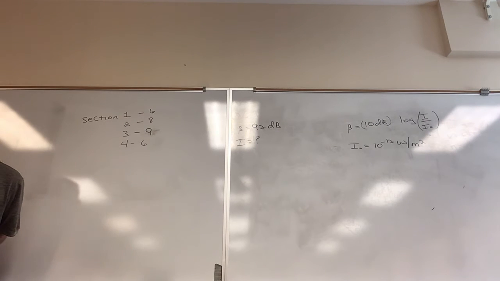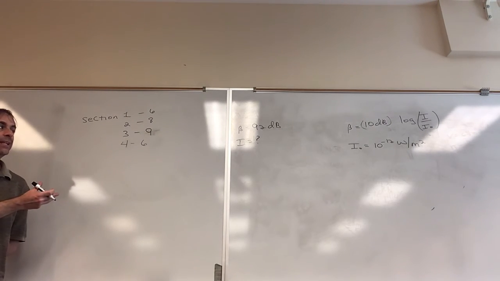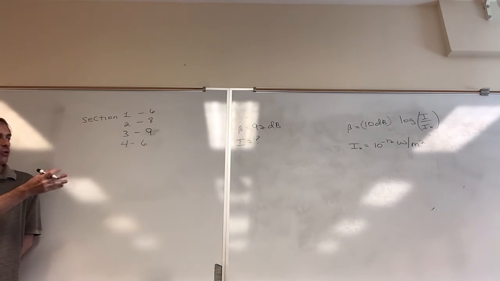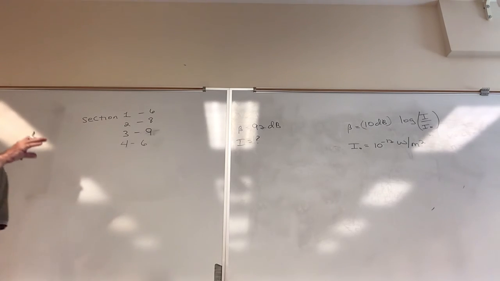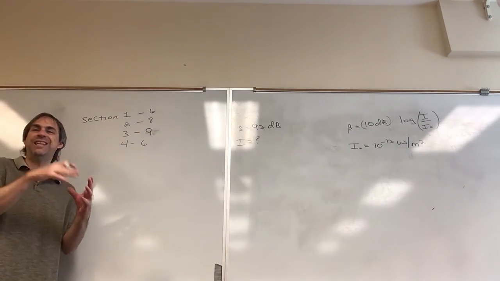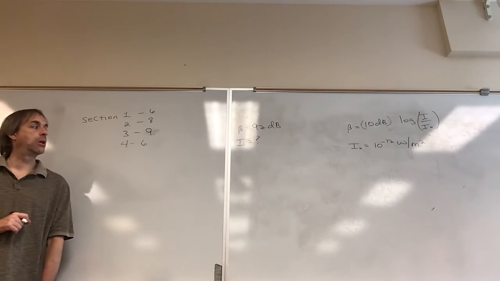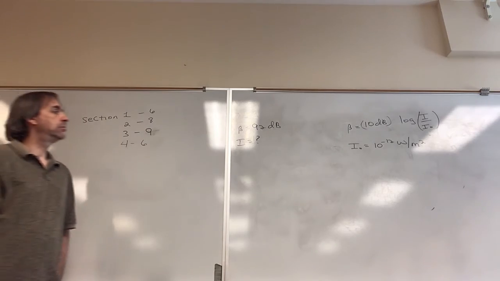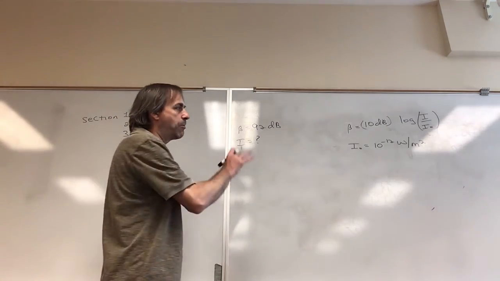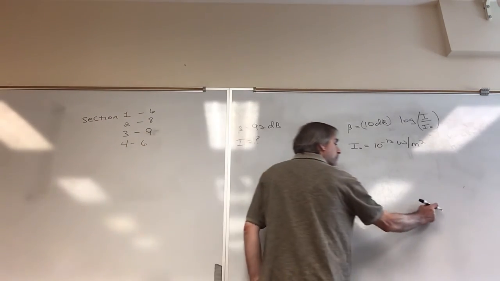So we're using the same formula and just plugging in 92, but when we're given I, we have a formula directly, just plug it in and do the calculation. But here, what we're trying to solve for is in that logarithm. So let's start out by rewriting this algebraically.